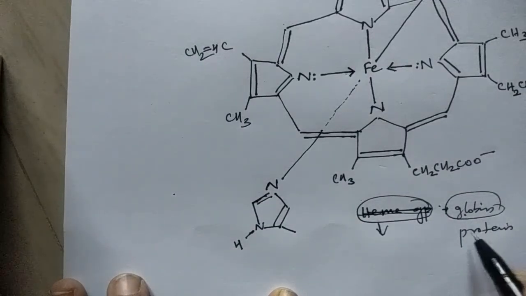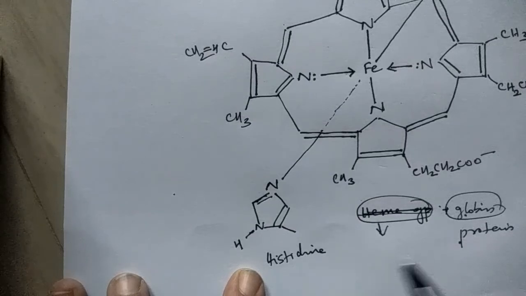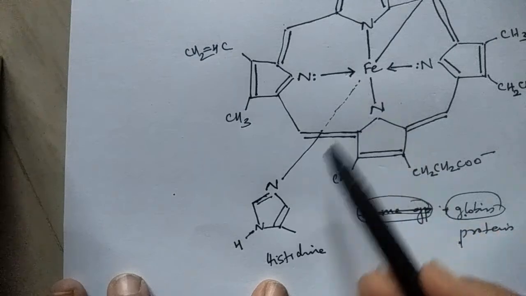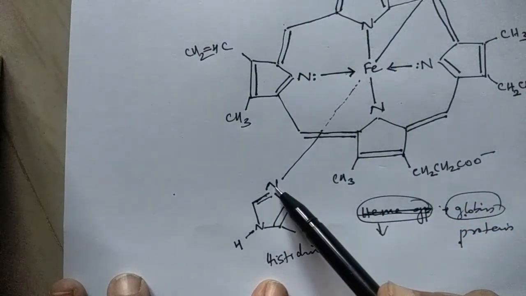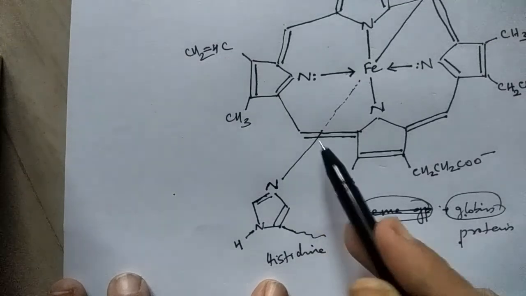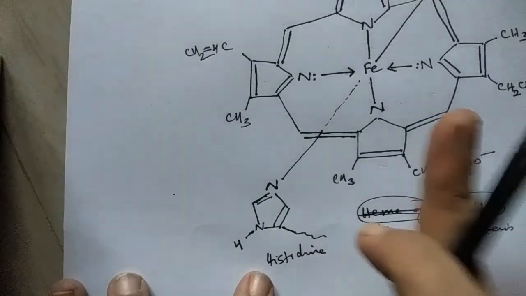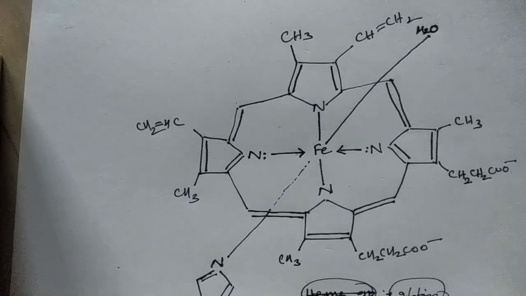This protein is made up of amino acids, and among amino acids we have studied histidine. So in this globin part, one of the valencies of iron is satisfied by the nitrogen of the histidine. This part represents the globin. So we have the heme and the globin, and together this is the structure of hemoglobin.